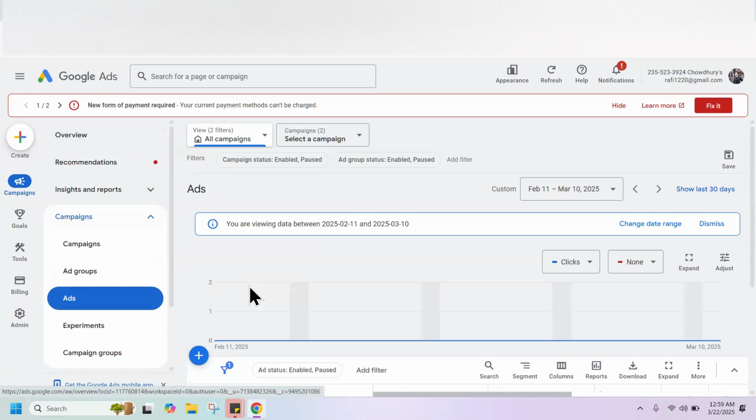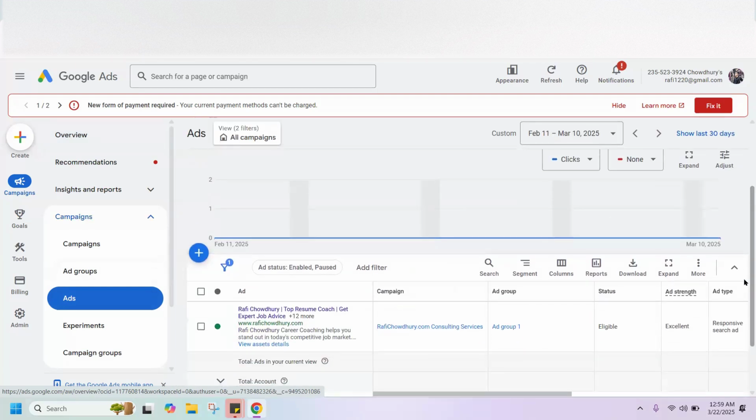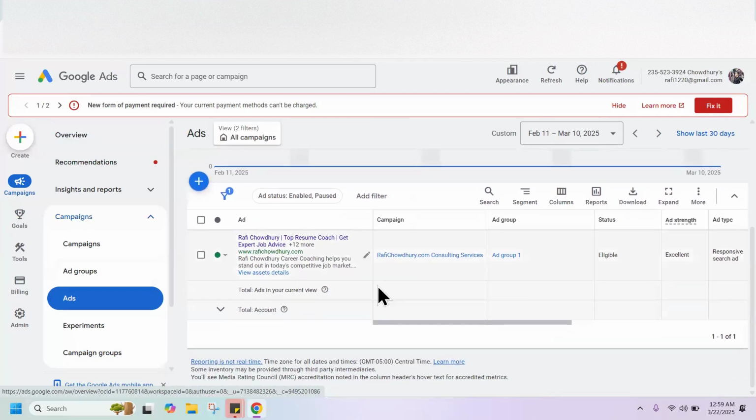Then scroll down and edit the ad. Okay, edit please. Edit it. Yes, edit.